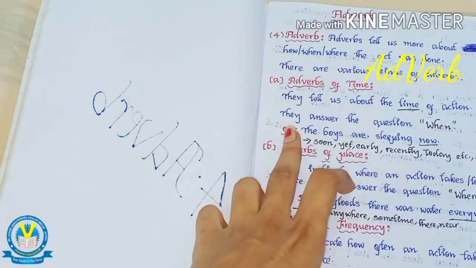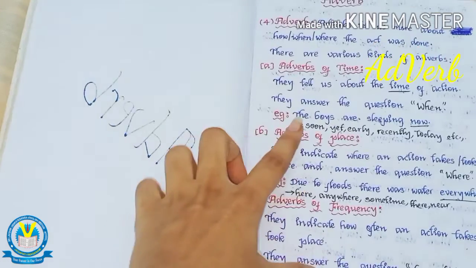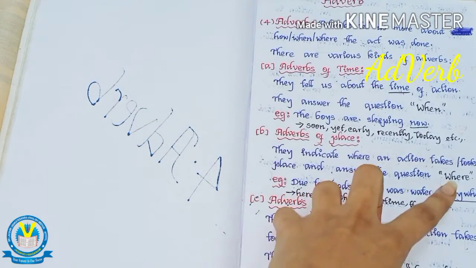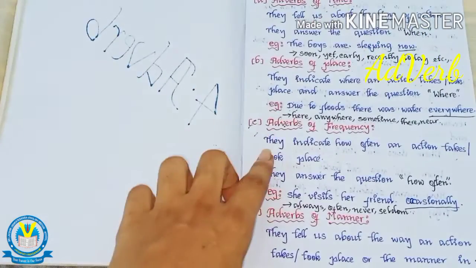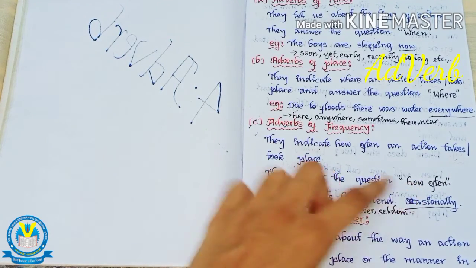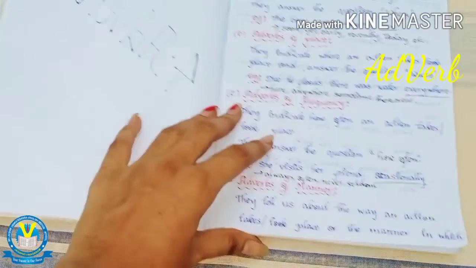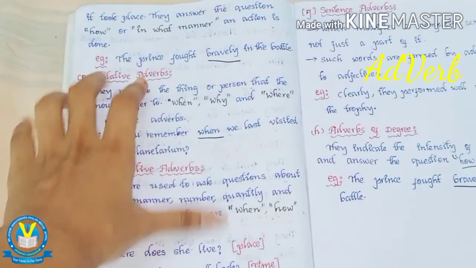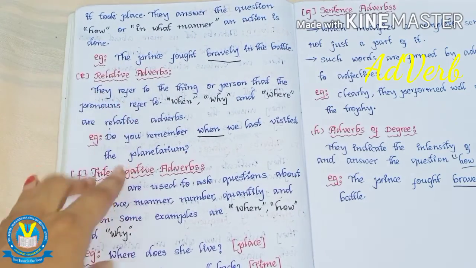Adverbs of time say when the action was done. Adverbs of place describe where the action was done. Adverbs of frequency say how often the action was done. And adverbs of manner describe in which way and in what manner the action was done.